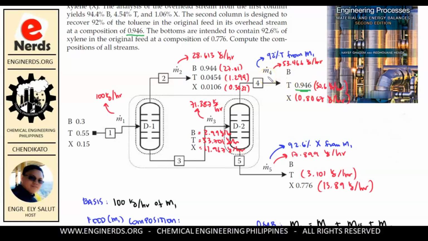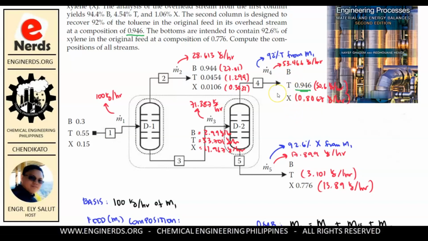For example, in M4, we know that our stream is equal to 53.466 kilogram per R. And we know that our toluene is equal to 50.6 kilogram per R, and our xylene is 0.8067 kilogram per R. So that means we can get the value of our benzene.